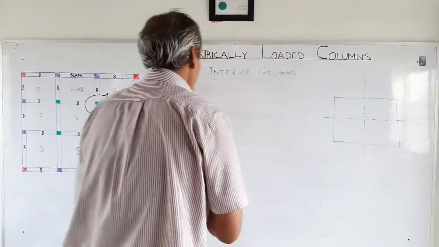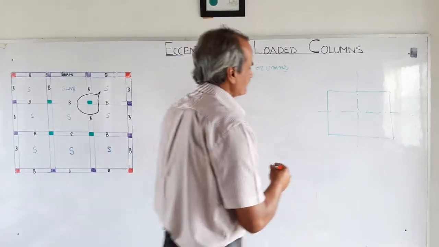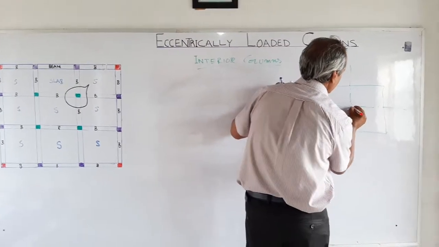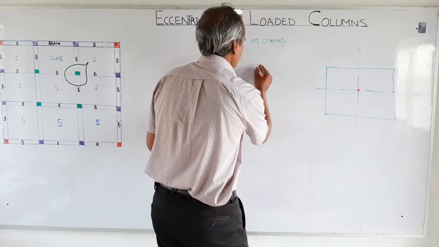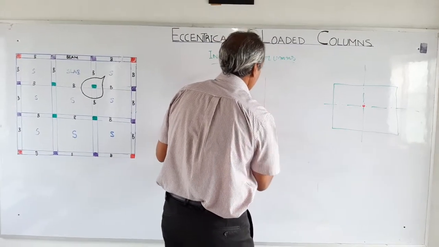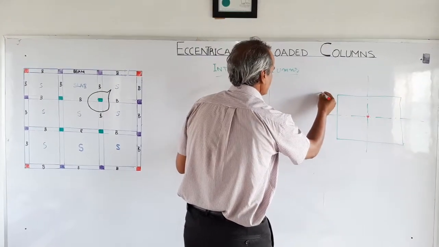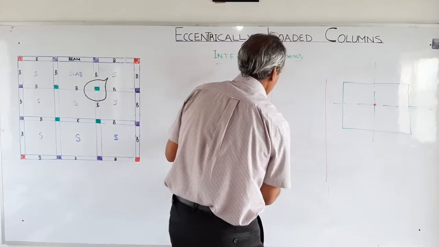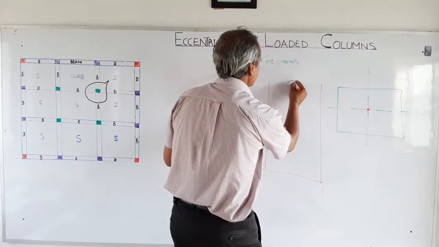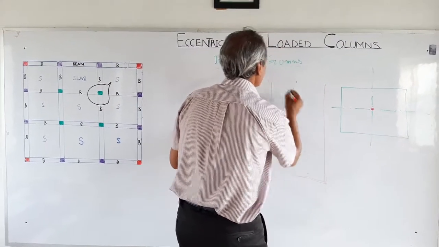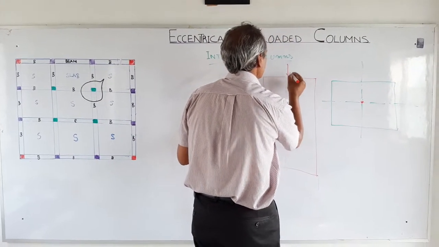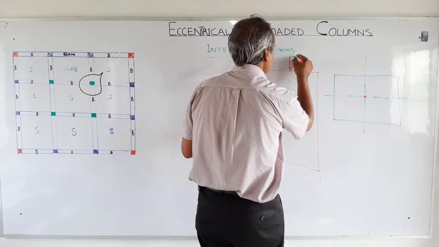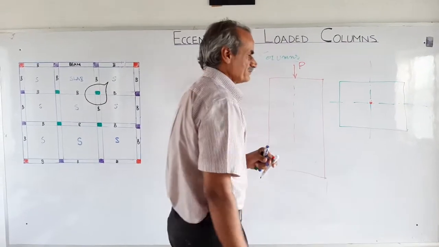Over here the location of the load is in the center, and if we draw a side elevation of this column, this means if this is the central axis of the column, the load is right at the central axis. Say this is load P over here.